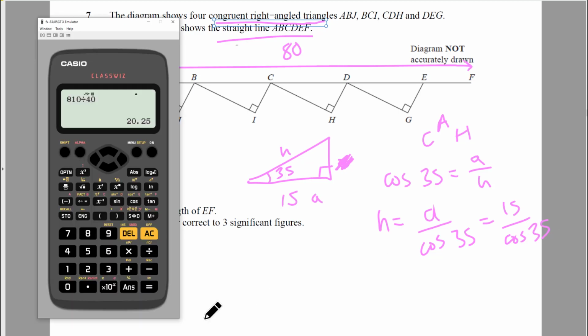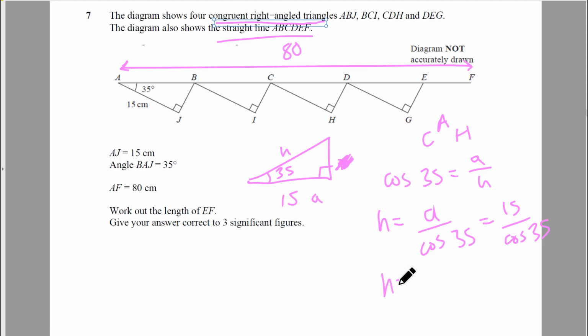You have to use your calculator for this. 15 divided by cos 35, that's 18.31. To three significant figures, 18.3, so that should round correctly. H equals 18.31 to 2 decimal places.